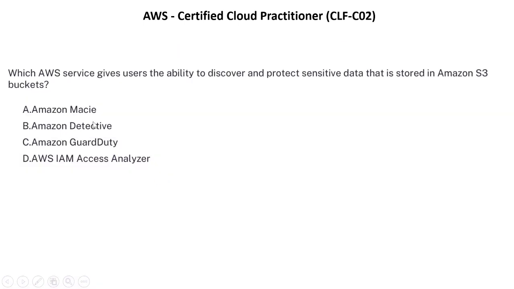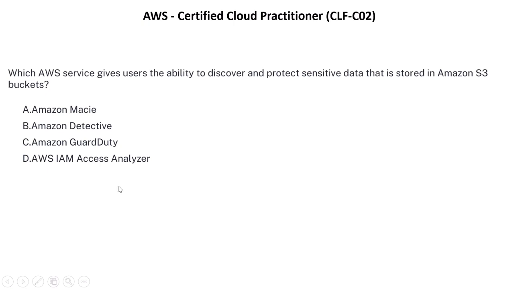Next question. Which AWS service gives users the ability to discover and protect sensitive data that is stored in Amazon S3 buckets? The options are option A, Amazon Macie, option B, Amazon Detective, option C, Amazon GuardDuty, option D, AWS IAM Access Analyzer.